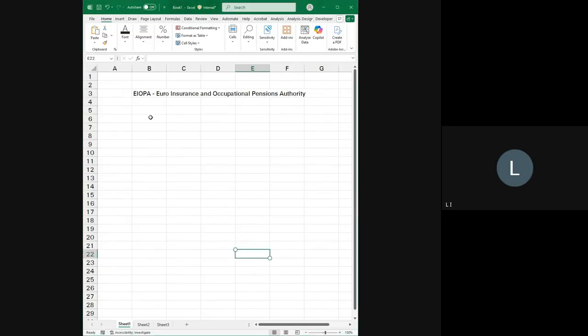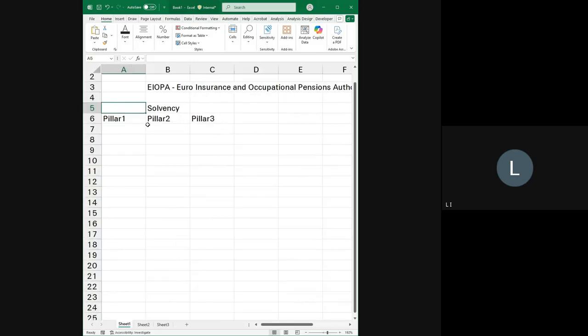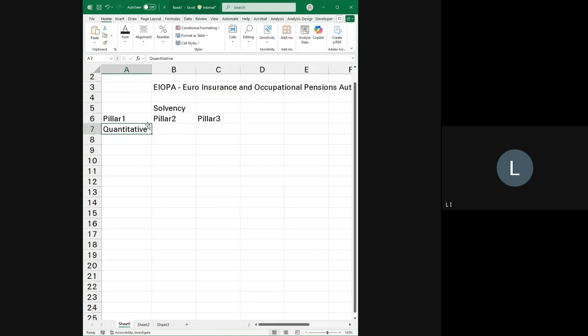Okay, so the structure of Solvency 2 can be talked about by splitting it into three main pillars. Okay, so there's pillar 1, there's pillar 2, and there's pillar 3. So there are three pillars when talking about the Solvency 2 framework. Pillar 1 is talking about your quantitative measures, okay, all your quantitative requirements.